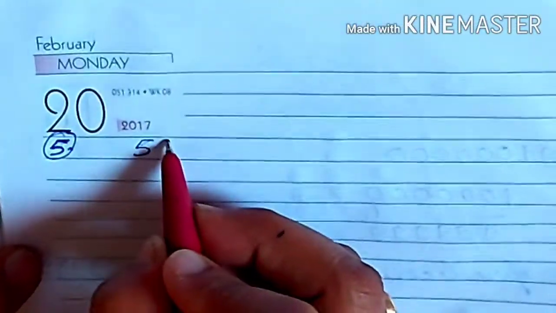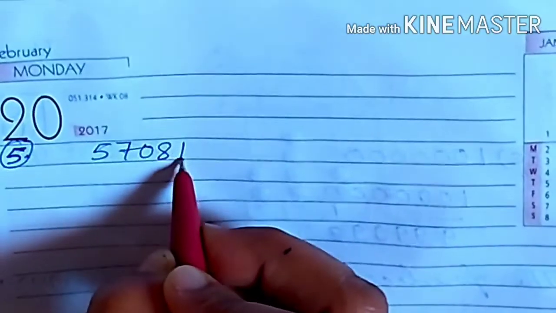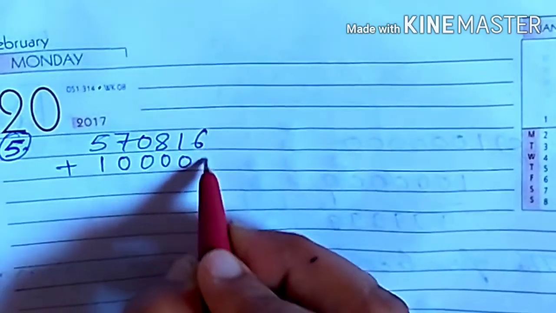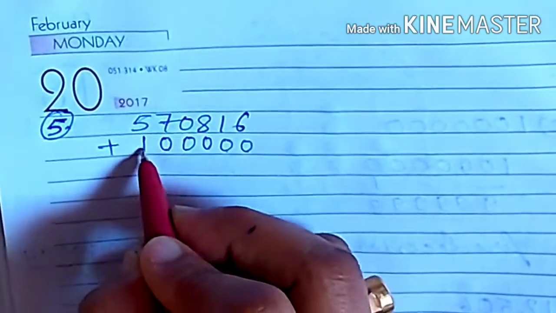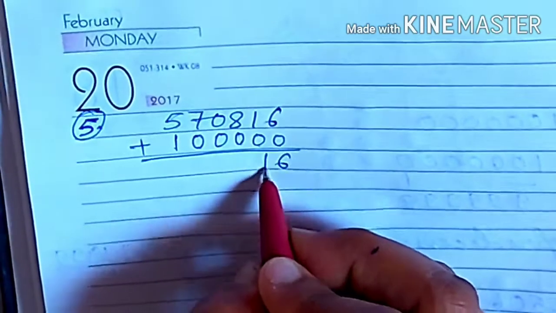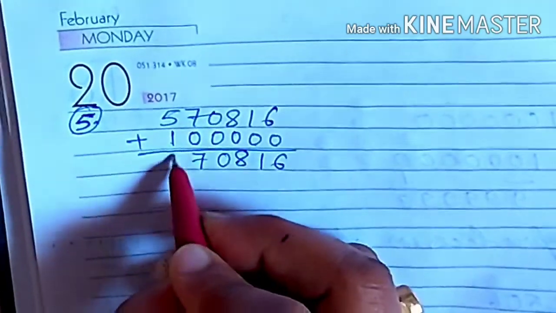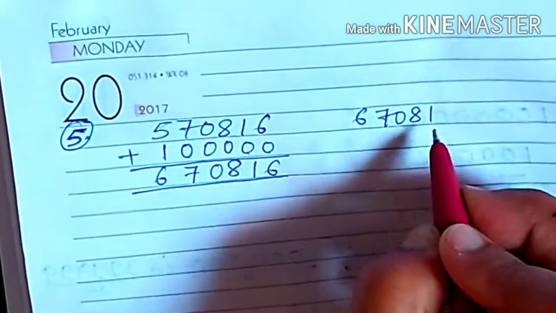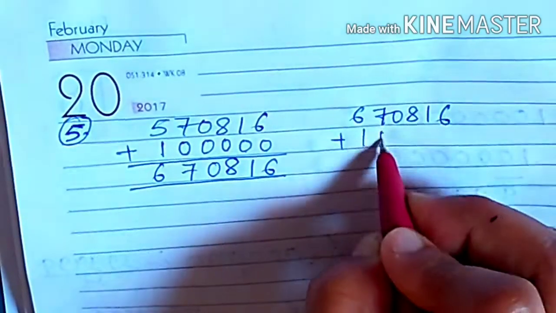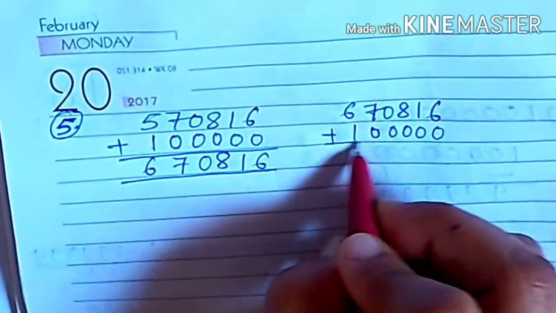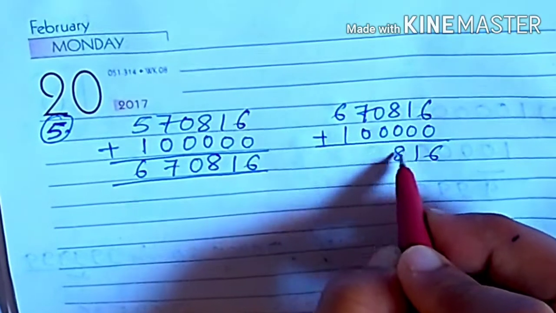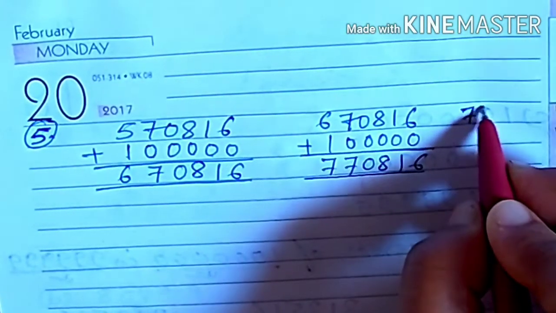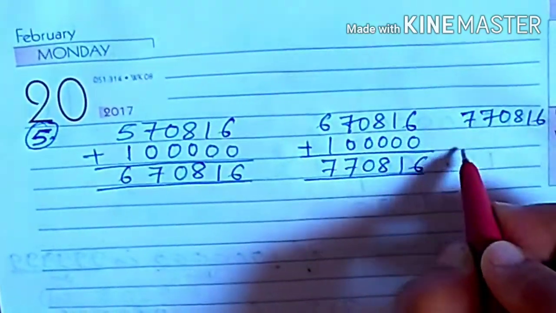The number is 570816. We have to add 1 lakh. 1 followed by 100, 1000, 10,000, lakh. So we have to add here 1 lakh. We get the first number, then we add 1 lakh to get the second number, and to get the third number, we again add 1 lakh.